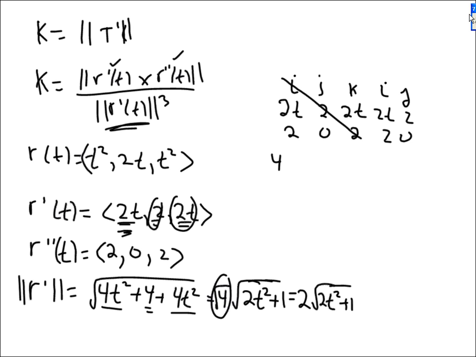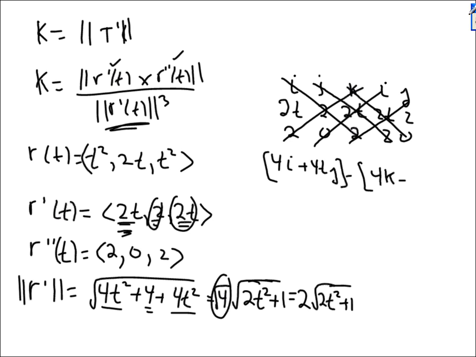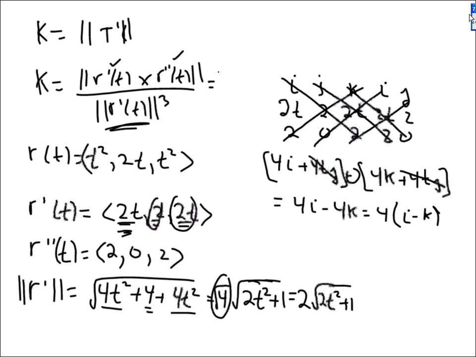You get 4i plus 4tj plus 0k's minus 4k plus 0 plus 4t in the j direction. 4tj minus 4tj is 0. So I get 4i minus 4k. 4 times i minus k. Okay, so I get 4 times i minus k.